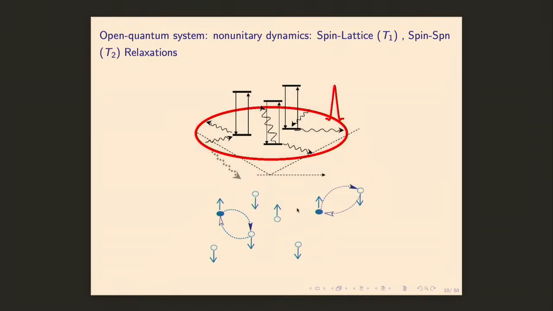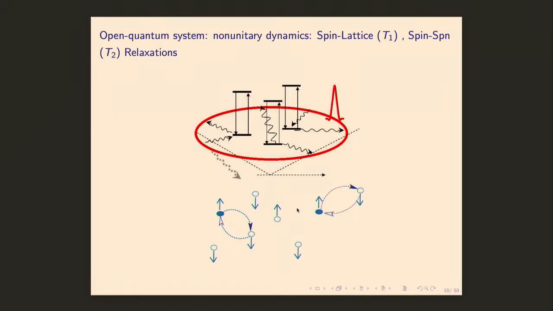Spin lattice relaxation or spin-spin relaxation? They happen at different time scales, and there are different methods for estimating T1 and T2. Spin-spin relaxation decays the transverse component of the magnetization, and T1 restores the longitudinal component of the polarization. There is a Bloch equation which describes how all these processes take place.